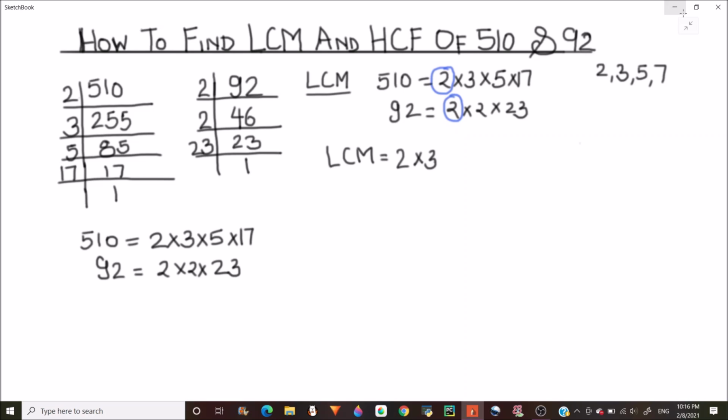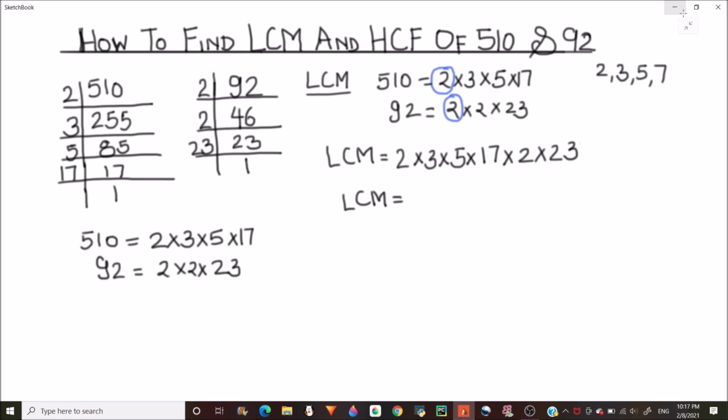So this becomes 3 times 5 times 17 times 2 times 23. So this is our LCM, which comes out to be 23,460. This is the LCM of 510 and 92.